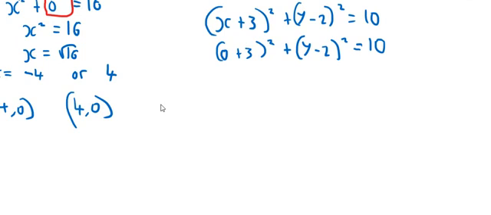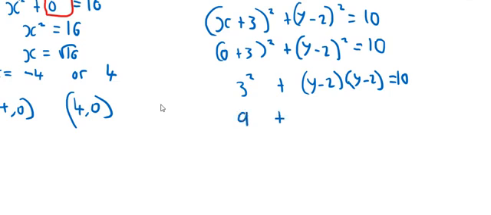So 0 plus 3 is 3, so I get 3 squared, plus (y - 2)² which I write as (y - 2)(y - 2), equals 10. 3 squared is 9, plus, and then I can multiply out these brackets. So I do y times y, then y times -2, then -2 times y, and -2 times -2.